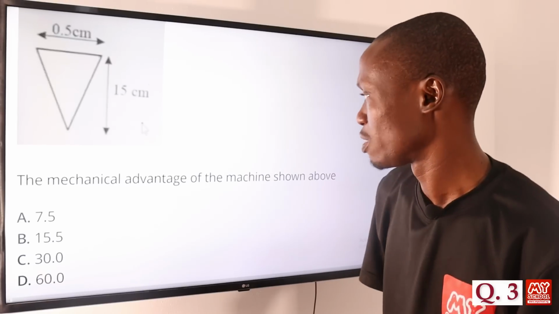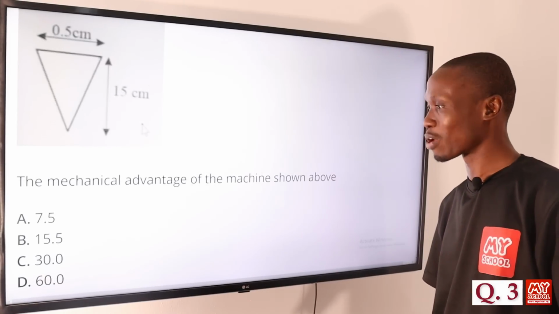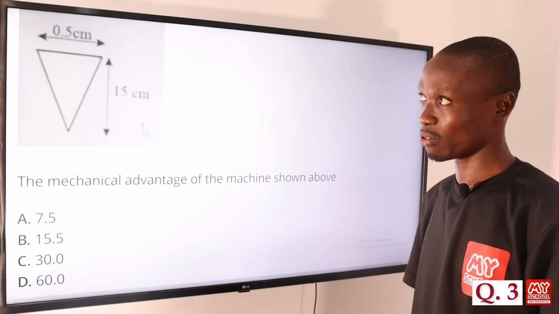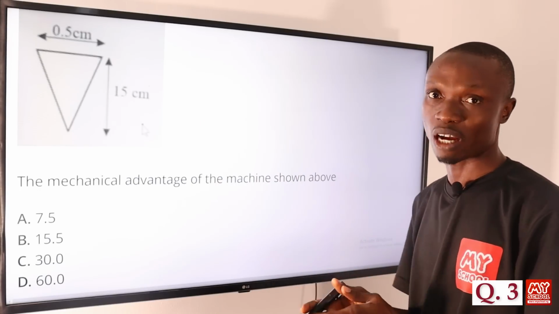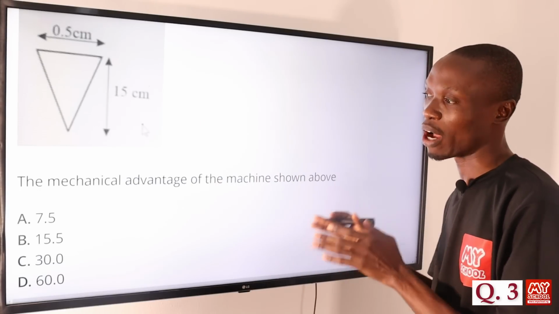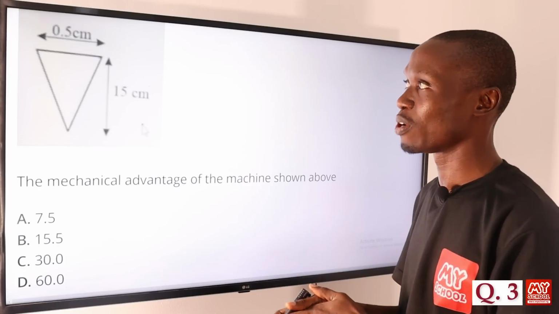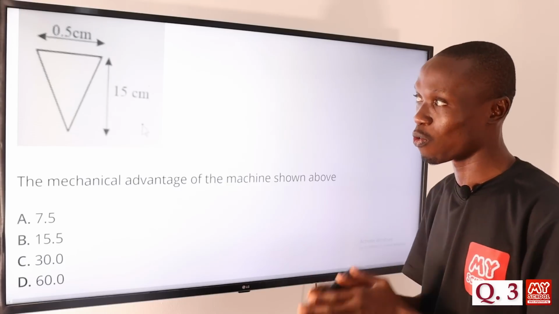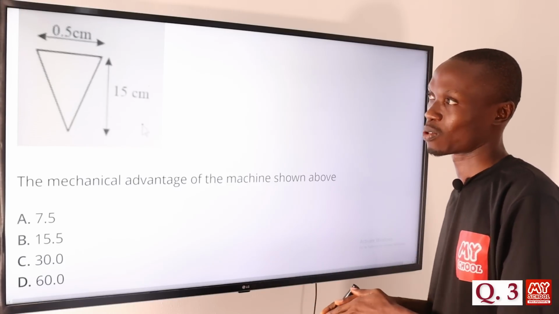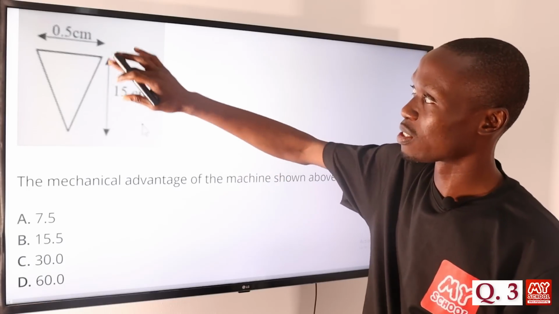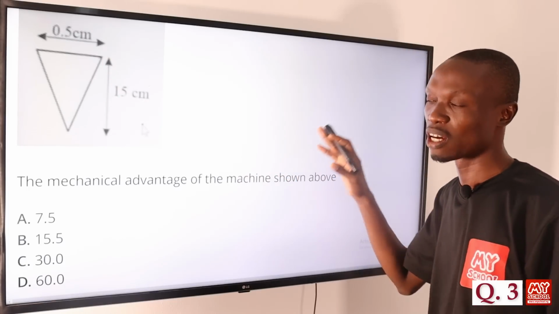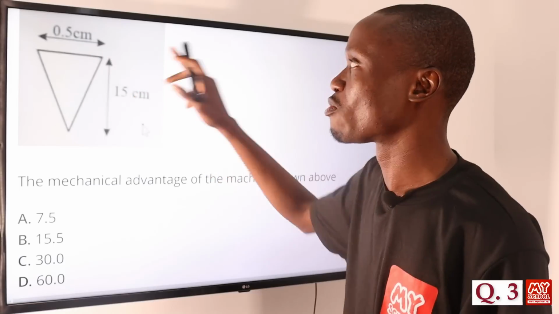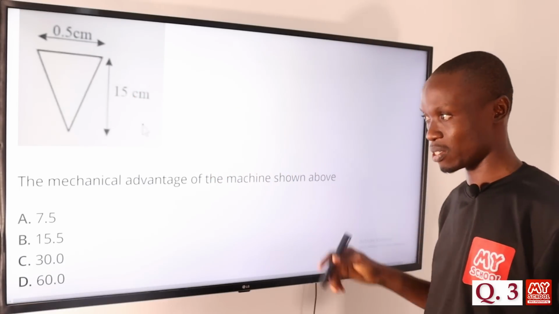Question 3. The mechanical advantage of the machine shown above is, okay, so the machine shown above is a wedge, right? And we know that mechanical advantage is equals to load all over effort. So in the case of a wedge, the mechanical advantage is load distance all over effort distance, okay? So the height, which is this vertical height, represents the load distance, while the weight represents the effort distance.